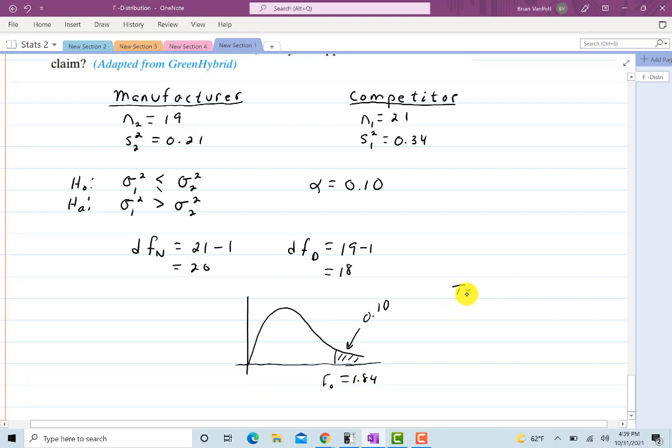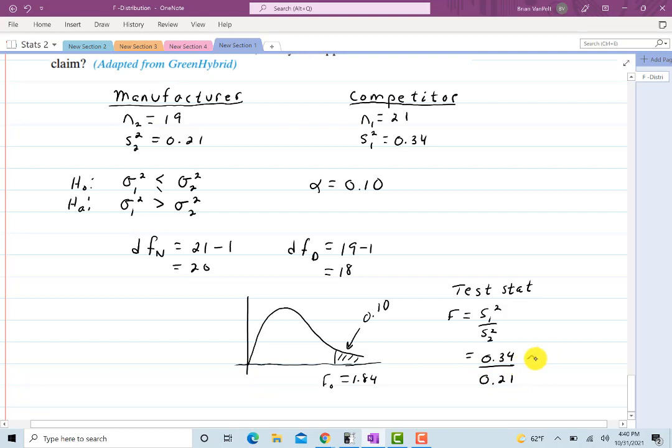And my test stat is f equals s1 squared divided by s2 squared. S1 squared was 0.34. And S2 squared was 0.21.